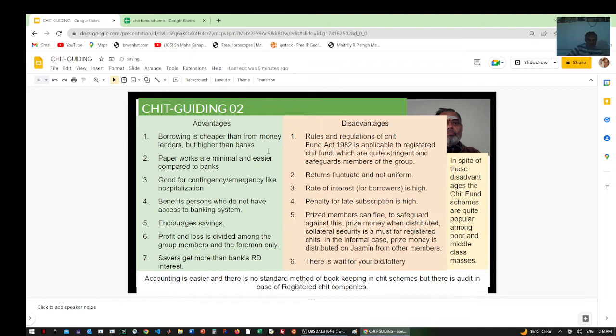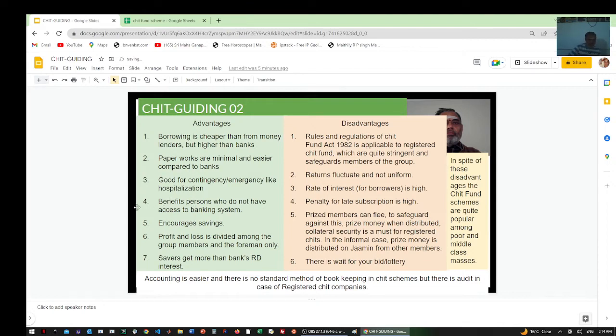Borrowing is cheaper than from money lenders but higher than banks. Paperwork is minimal and easier compared to banks. Good for contingency, emergency like hospitalization.